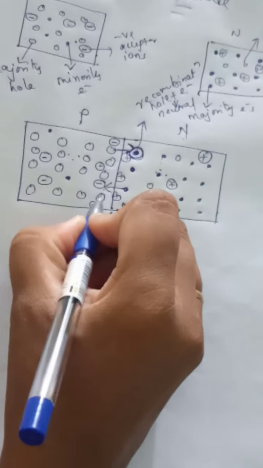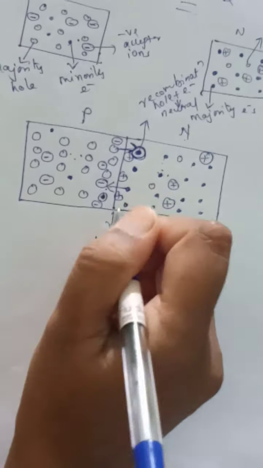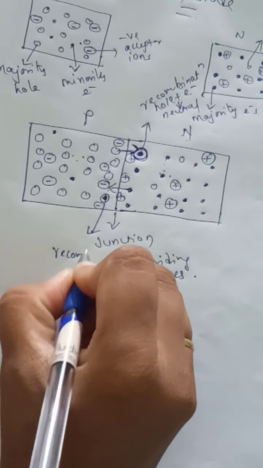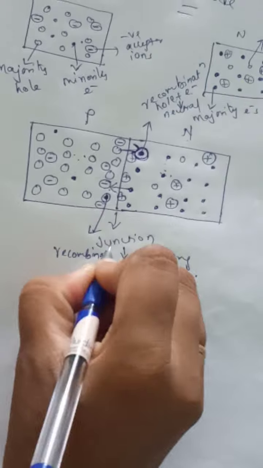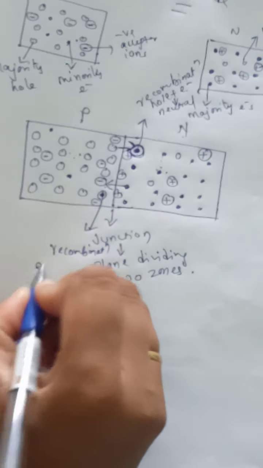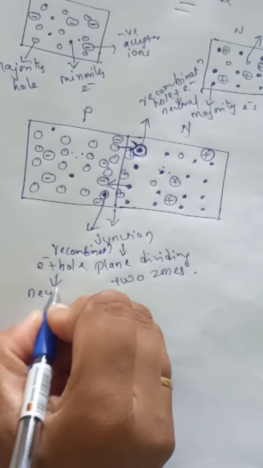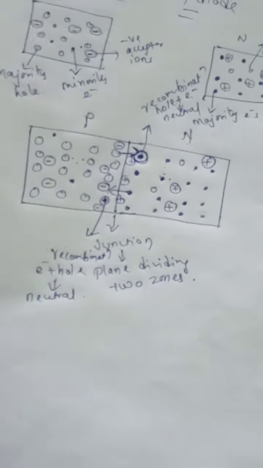Similarly, an electron crosses the junction and enters into the p-type. Immediately that electron recombines with a hole. Recombination is taking place between electron and hole, so they become neutral.